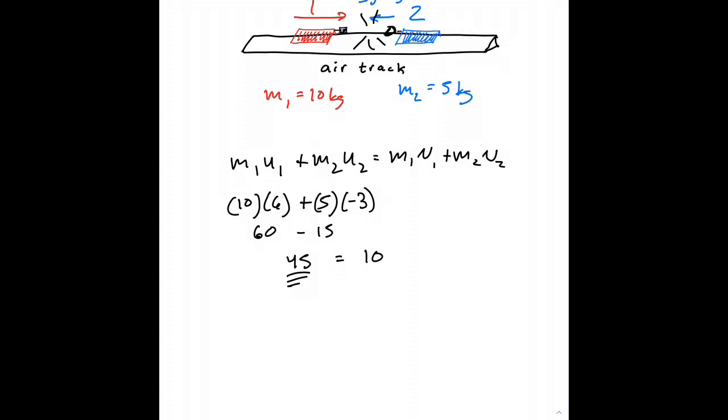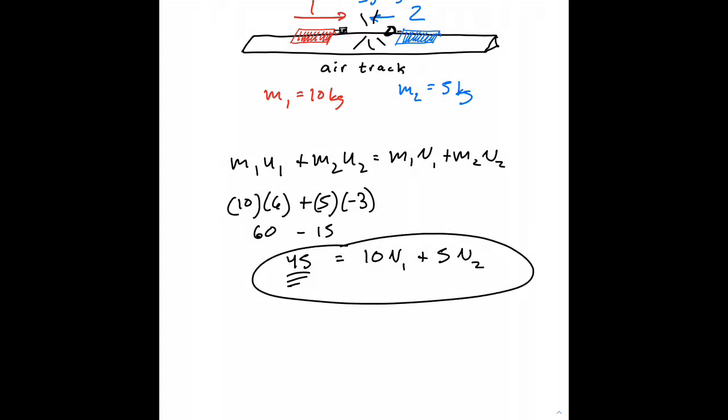So you have a mass of 10 kilograms moving with a final velocity v1 plus a mass of 5 kilograms moving with a final velocity v2. There are an infinite number of ways, mathematically, that you can satisfy an equation of this form. For example, v1 could come out to 0 and v2 come out to 9.